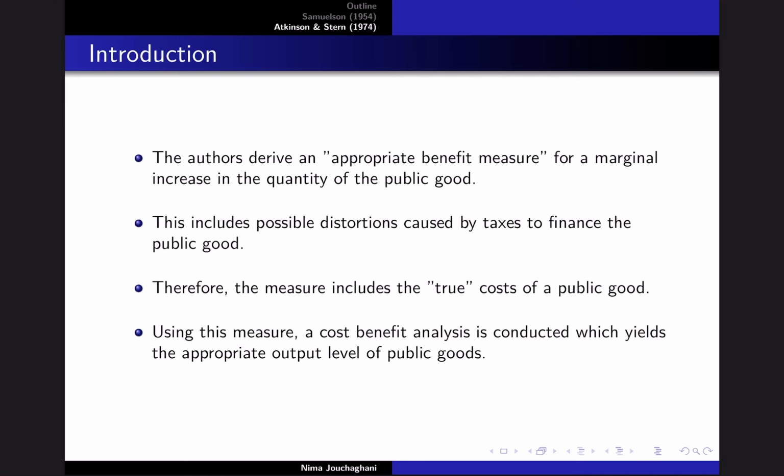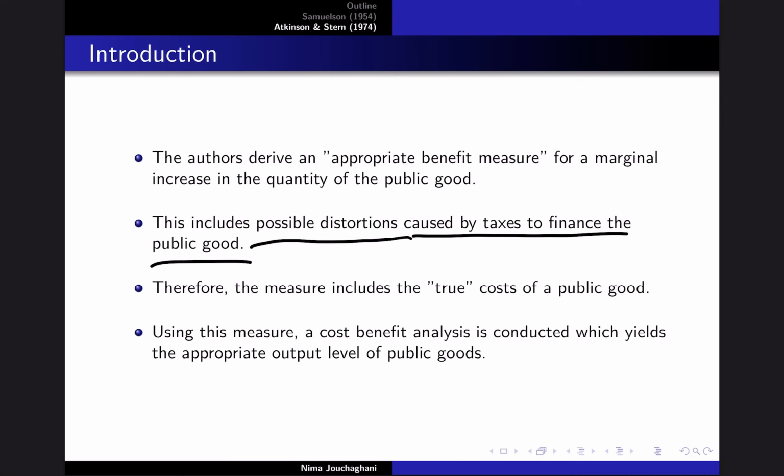So this was the benefit measure in the Samuelson condition. And the authors then are generalizing this by including possible distortions caused by taxes to finance the public good. So the optimality condition for the quantity of the public good differs in this paper here.